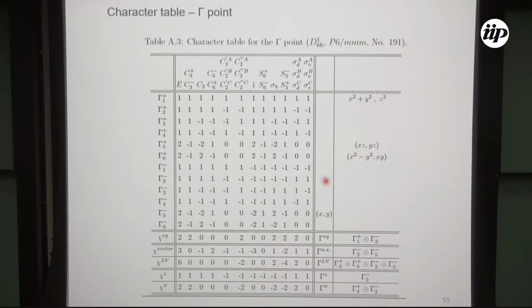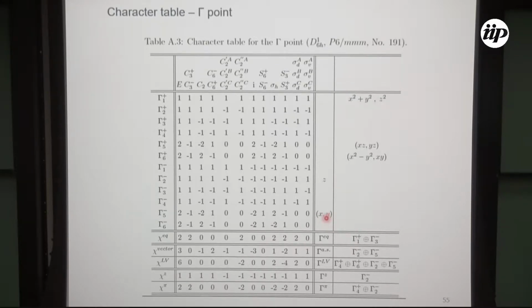And if you have representations that transform like vectors, for example, Z or XY, they are candidates for infrared activity. But we have to be careful because we also have the acoustic modes, which also transform like this.